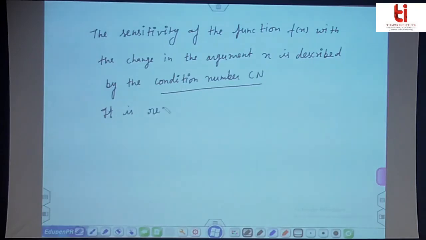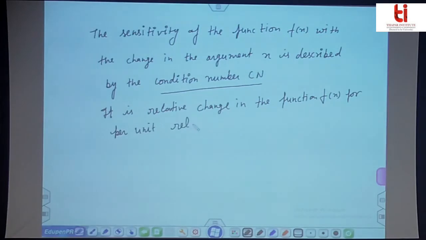So it is the relative change in the function f(x) per unit relative change in x.